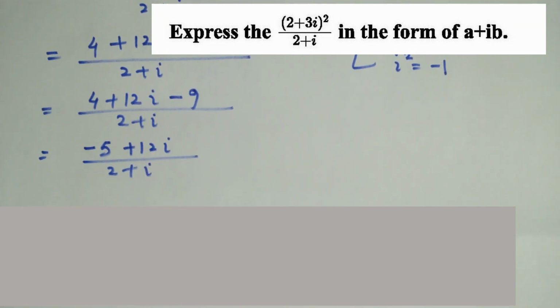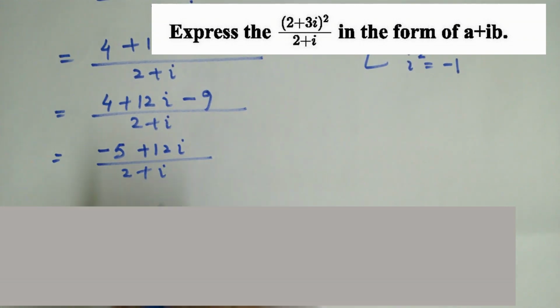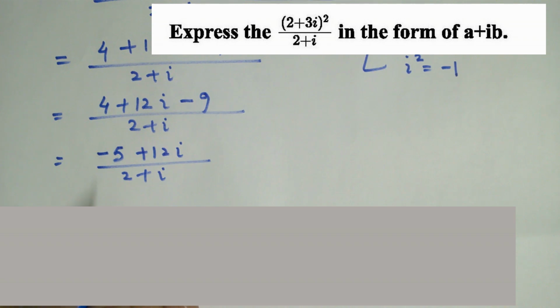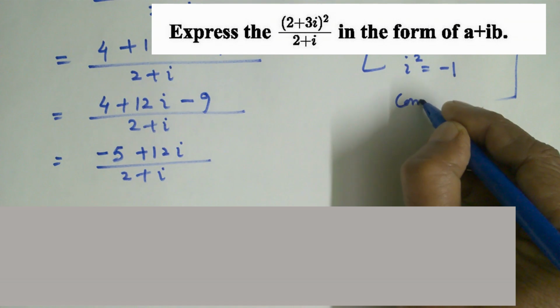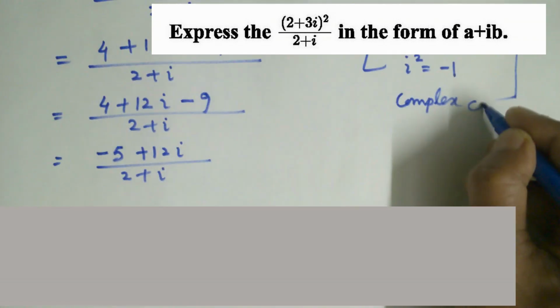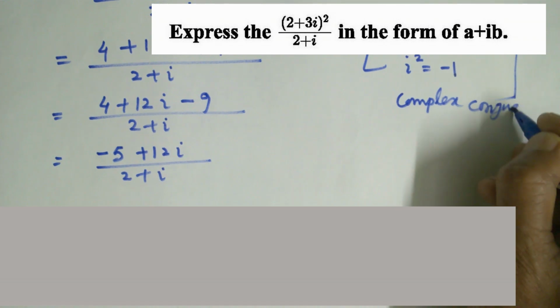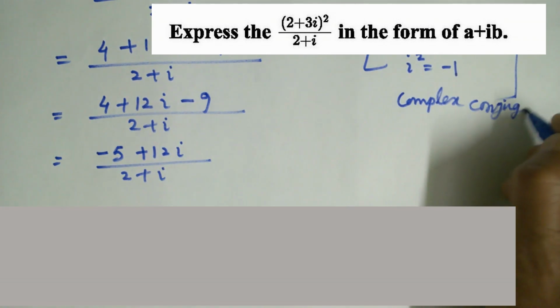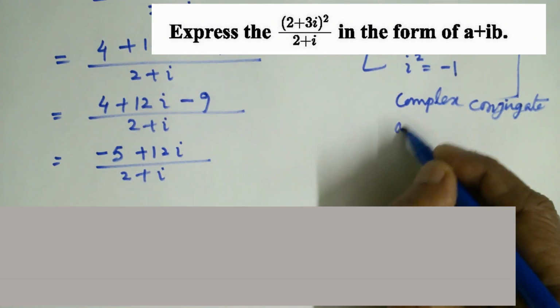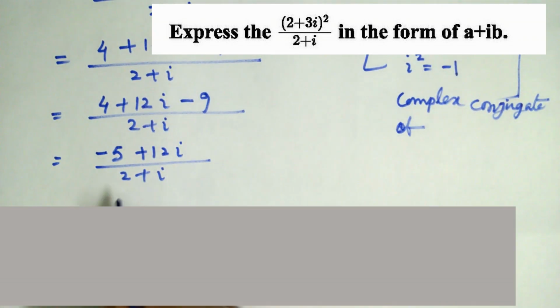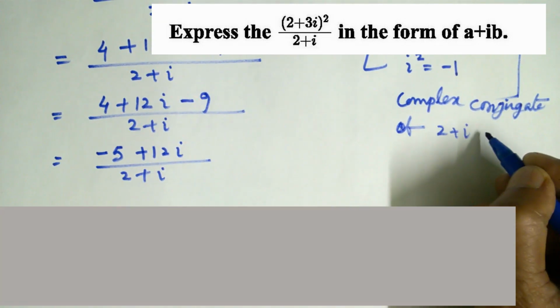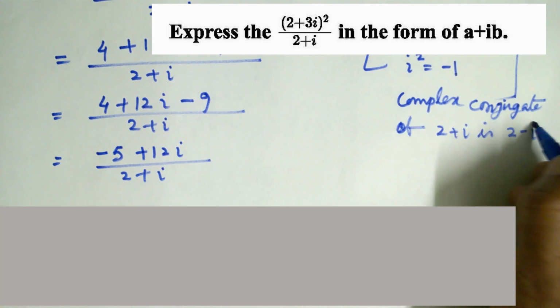Now to express the last expression in the form of a plus ib, we have to rationalize the denominator 2 plus i. To rationalize the denominator, we generally multiply by the complex conjugate of the complex number which is to be rationalized. So the complex conjugate of 2 plus i is 2 minus i.